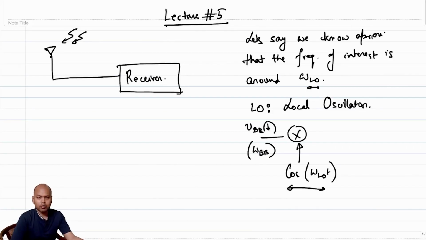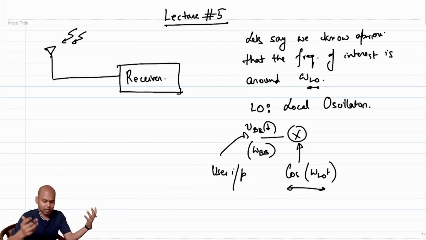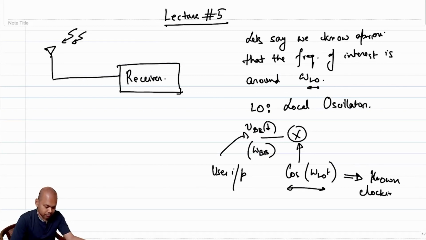What is this essentially? This is a known periodic signal, and it is a known part of the system. Note that VBB is a user input which can randomly change, but this is a known clocking signal.